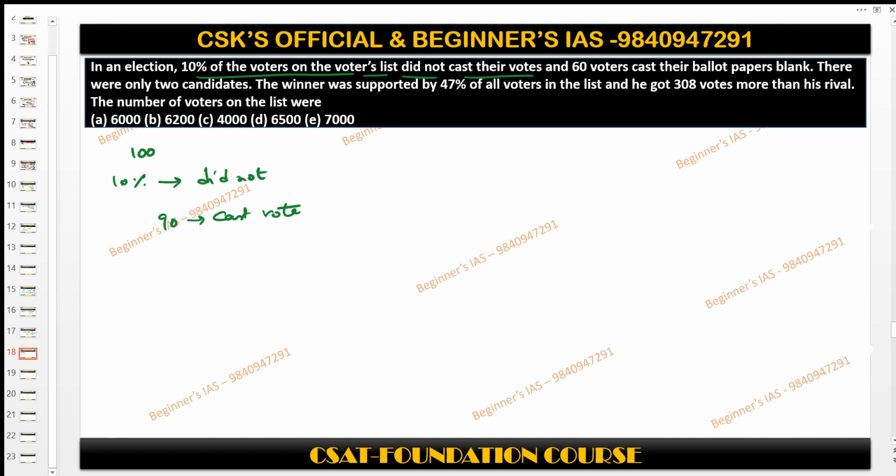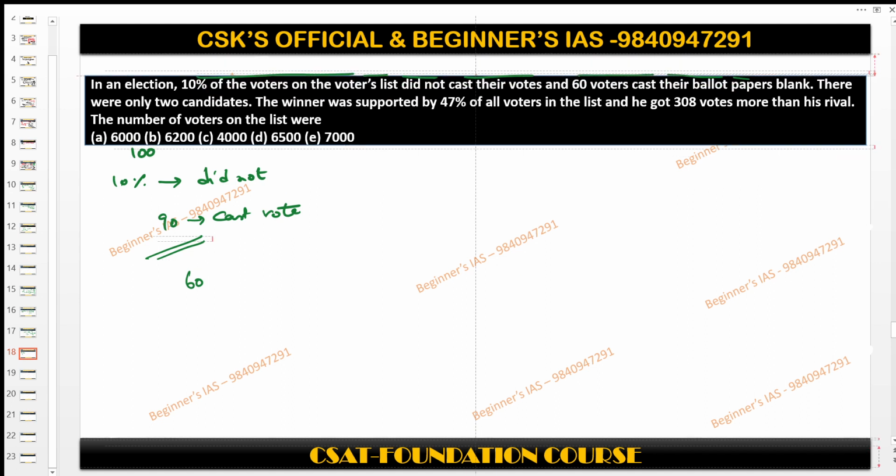Then 60 voters cast their vote blank. So out of this 90, 60 gave blank. No, sir, 60 voters, not 60% of voters.